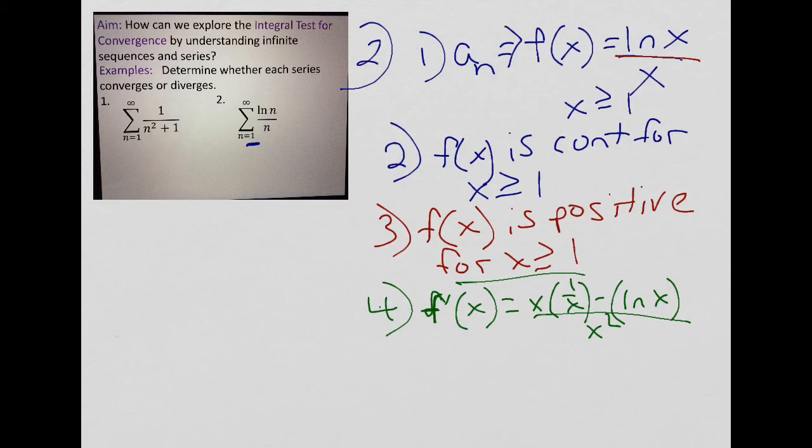So we end up with 1 minus the ln of x over x squared. Now we can have x equals 0, but it's not even in our values here. We want to go from 1 to infinity. Let me just rewrite this.